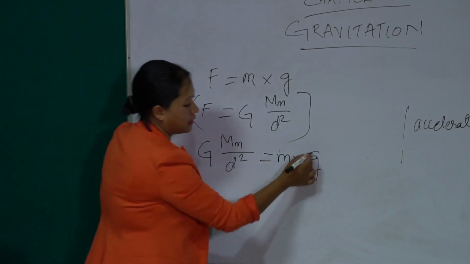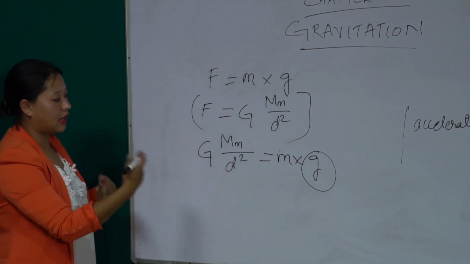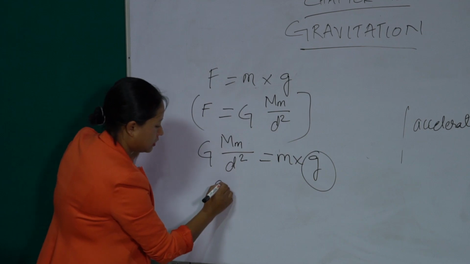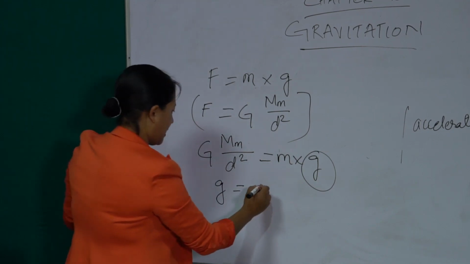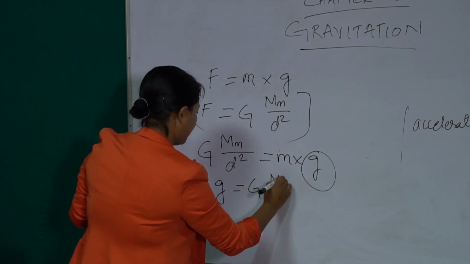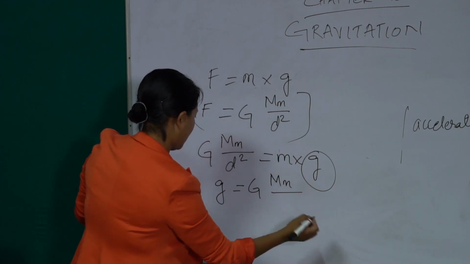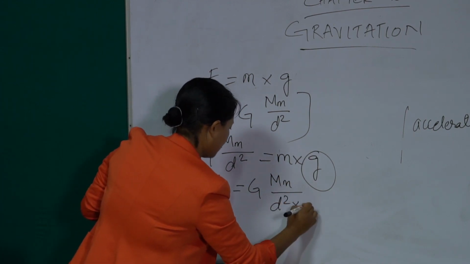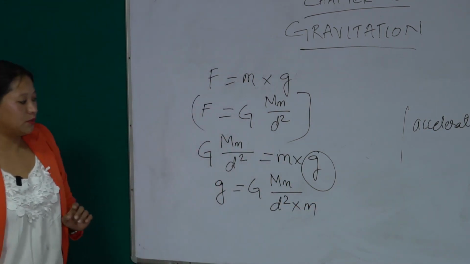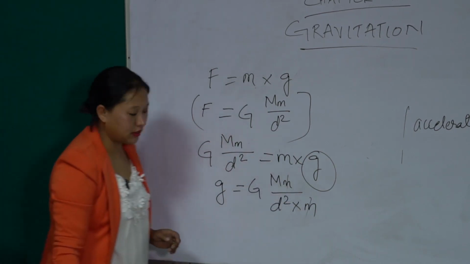let's bring small g to one side and the rest to the other side. So here g, small m and small m cancel.